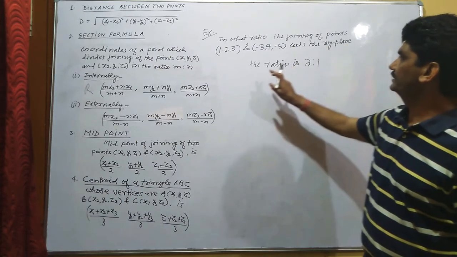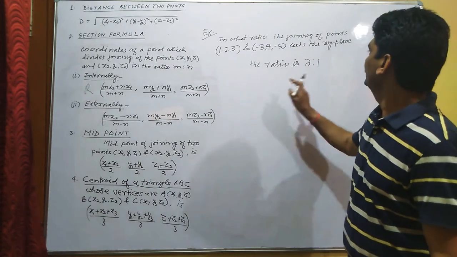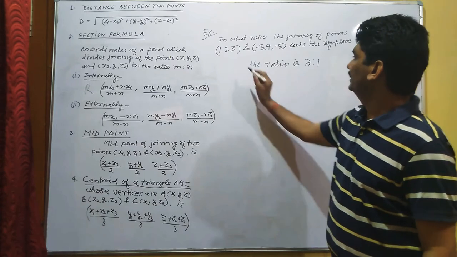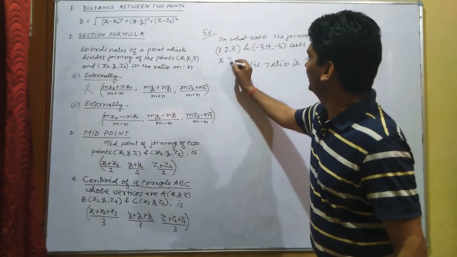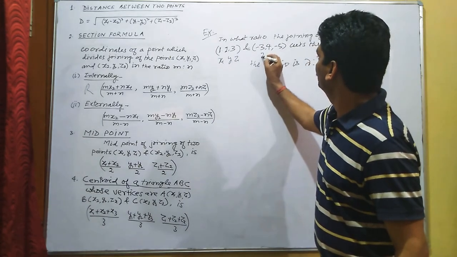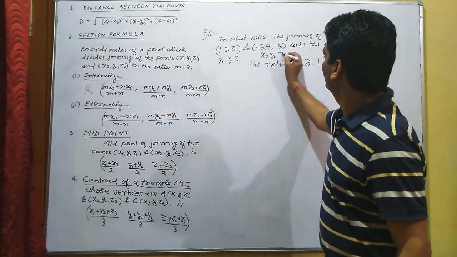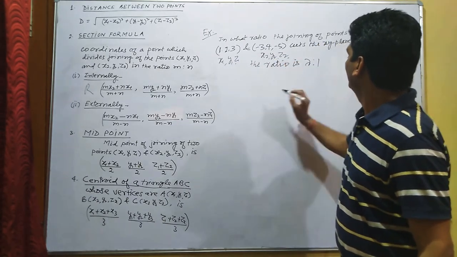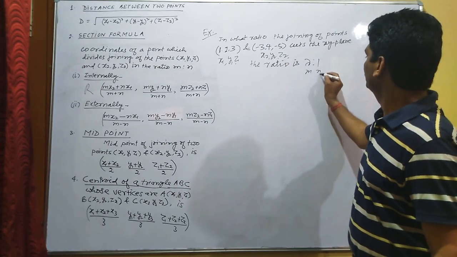So the coordinates of the point which divides the joining of these points in lambda is to 1: we assume x1, y1, z1, x2, y2, z2, as m and n, and use the formula.